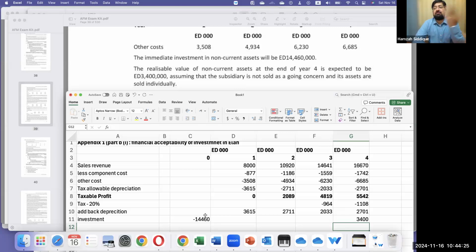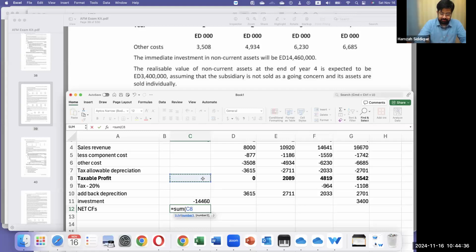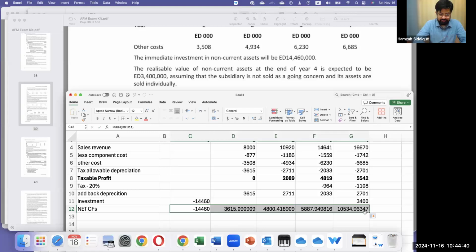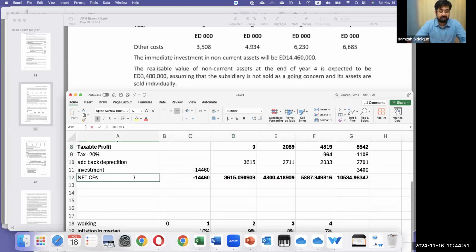The same investment will have a residual value of this. So net cash flows. These are the net cash flows in ED 000.